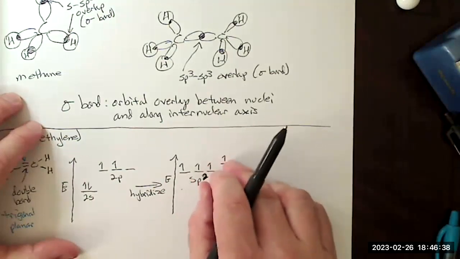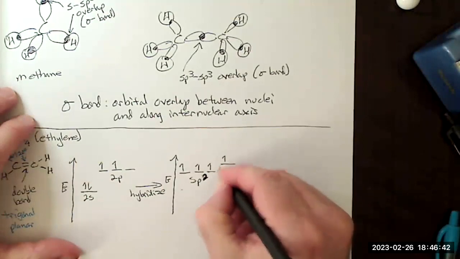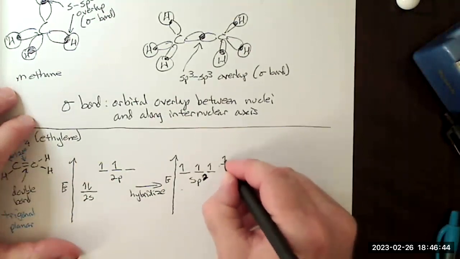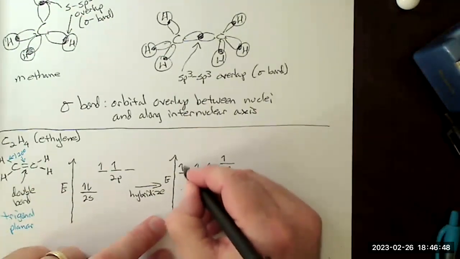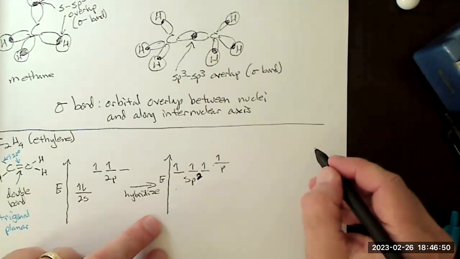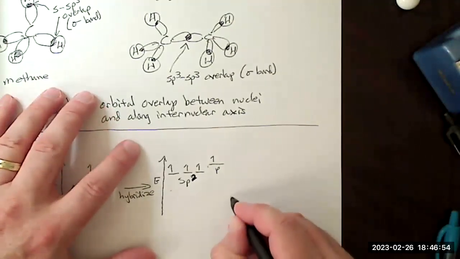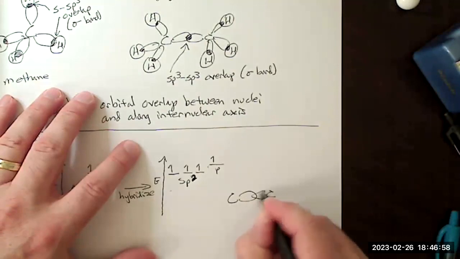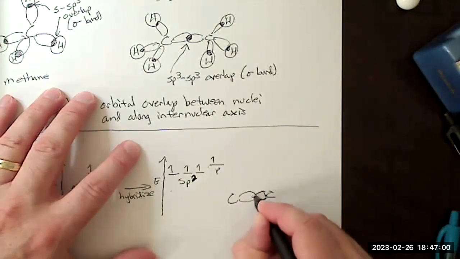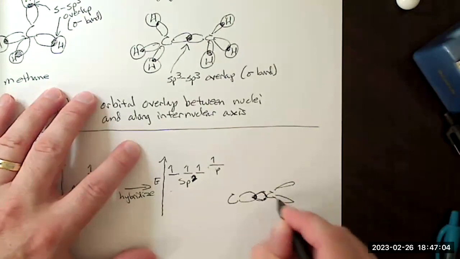Now, why is there an electron in there, not in there? Well, in this case, the energy gap here is small enough that we can get an electron in a p orbital. It's actually lower in energy than pairing up with another electron. So what we end up getting then is, let me try to draw this here.